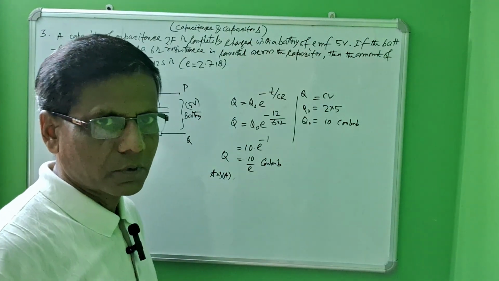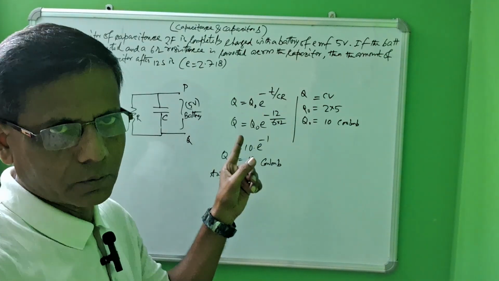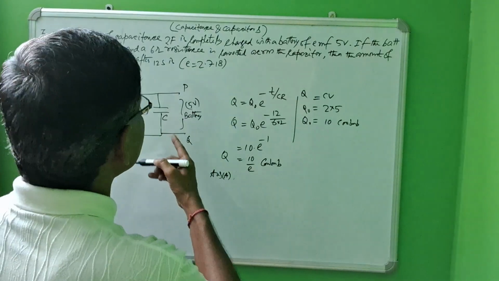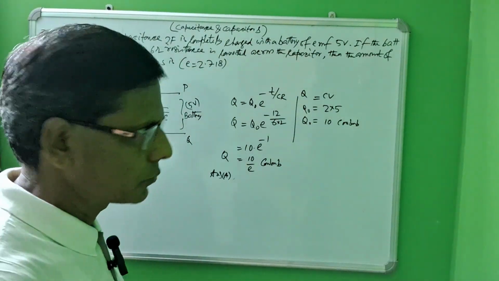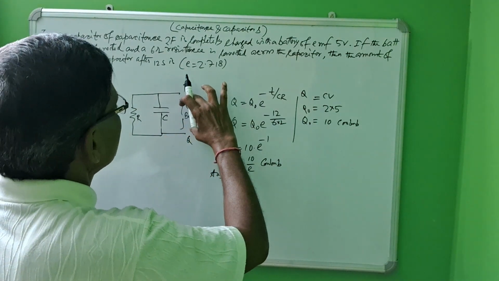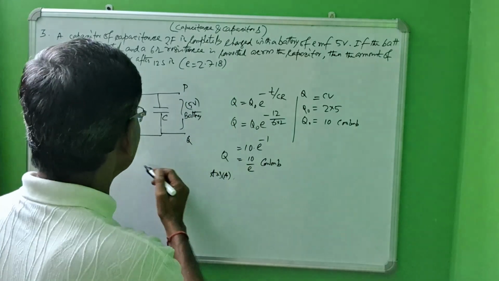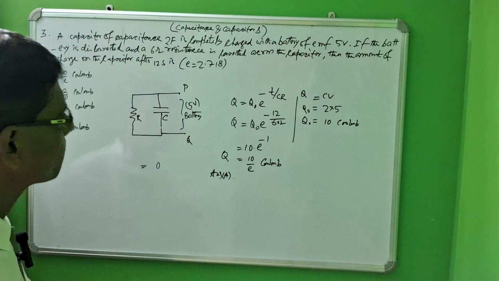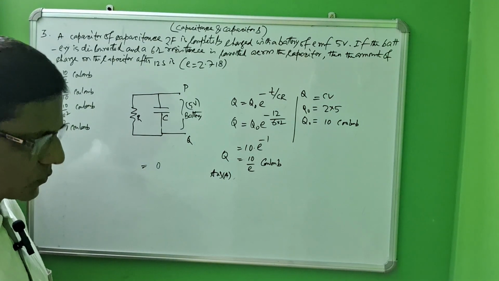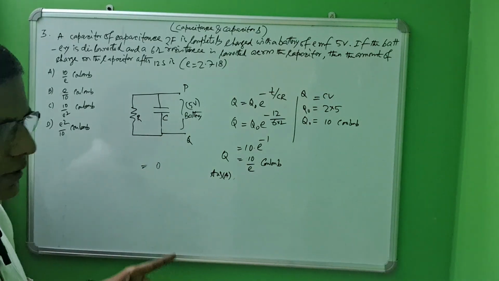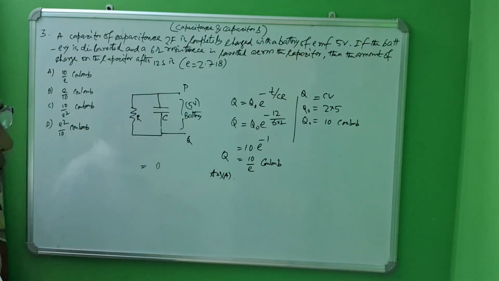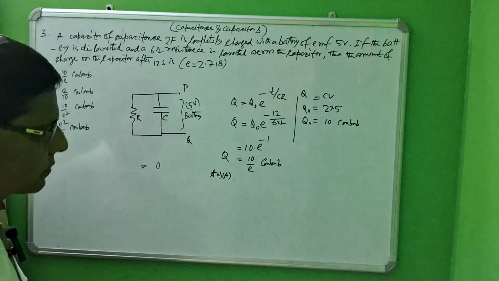The problem is done. But why is this equation taken into account? When the battery is taken out, the voltage difference between P and Q equals 0. And when the battery was placed here, the total voltage is distributed through the C and R combination.